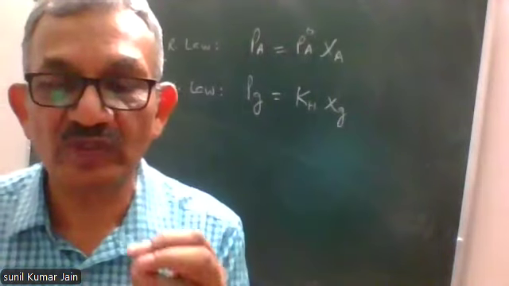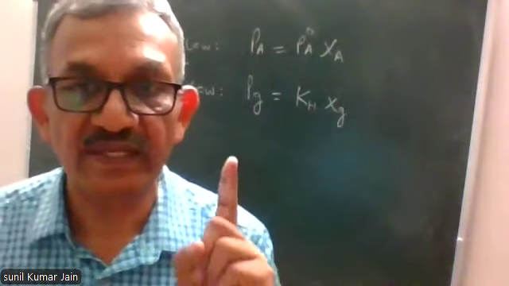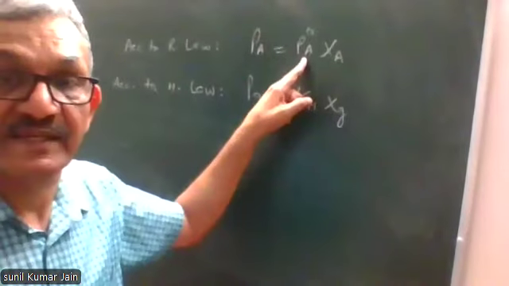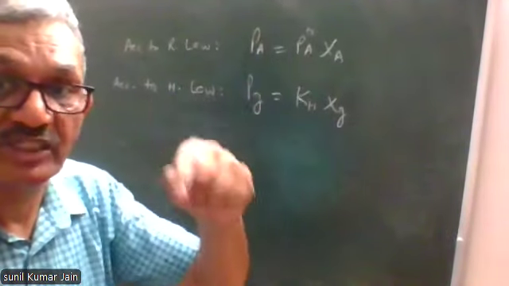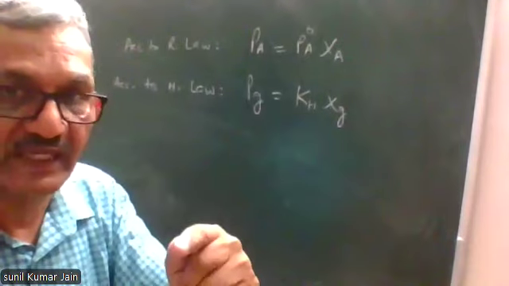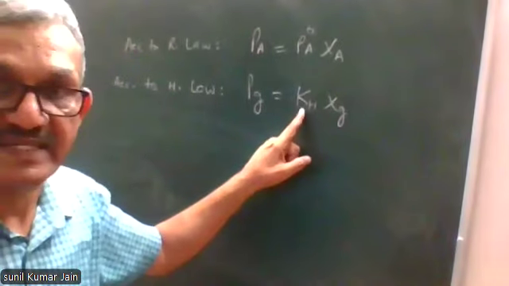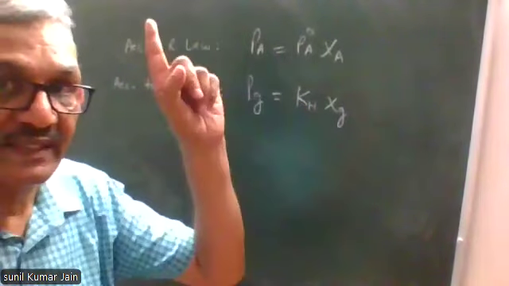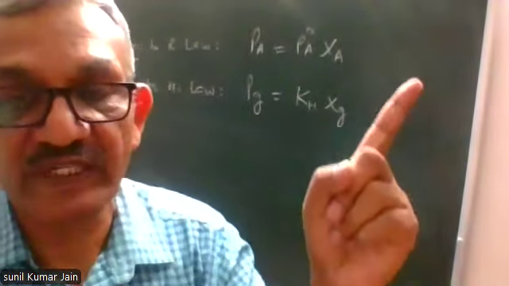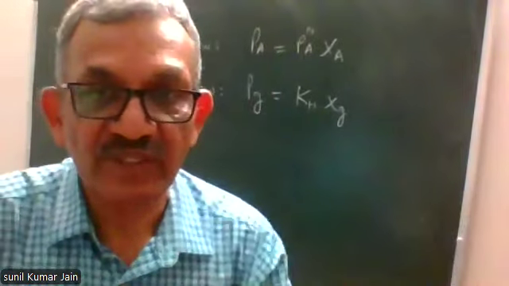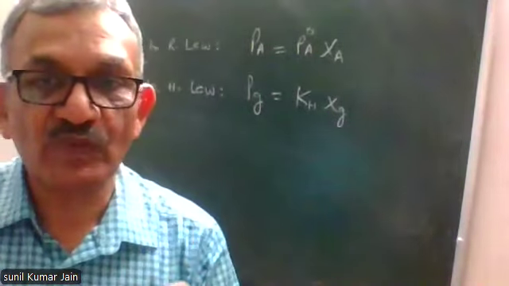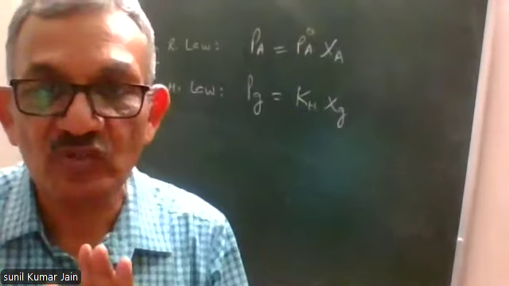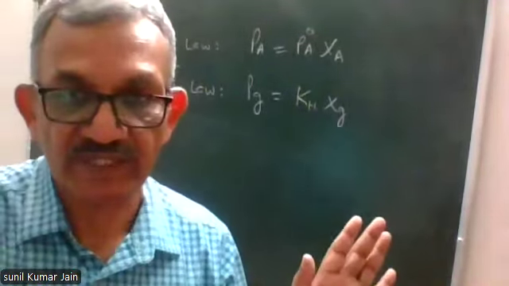Why are the values of these constants largely different? The reason is, in this case, liquid is much less volatile compared to the gas. This is for the gas, this is for the liquid. And gas is much more volatile, liquid is much less volatile. That is why values of these constants are different. Otherwise, there's no difference between these two equations.